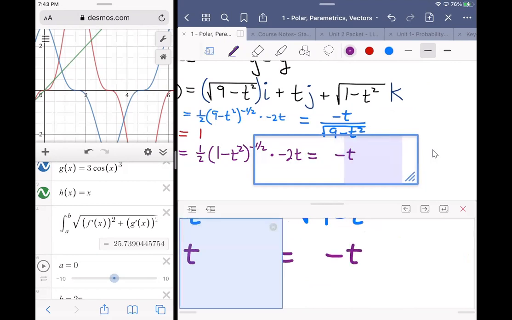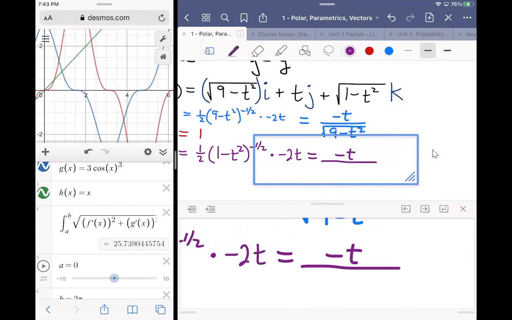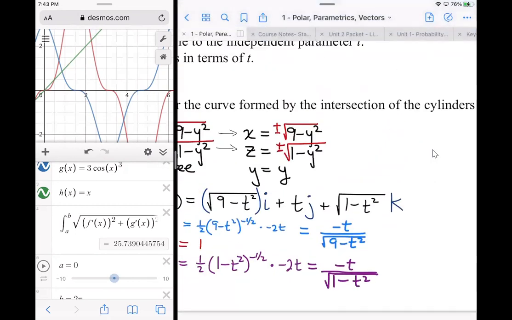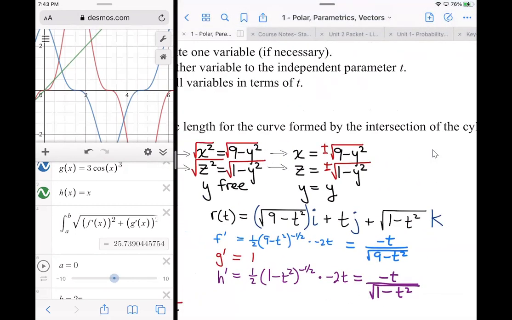-t over 1 minus t squared. All right, so we have everything but the bounds. You start thinking about it, what could my bounds be?